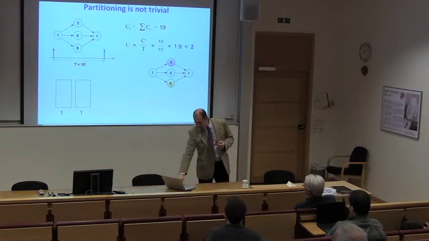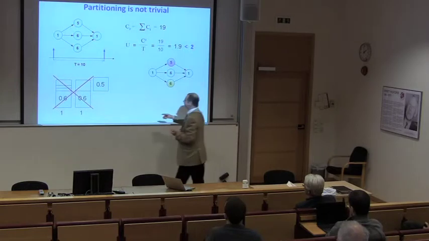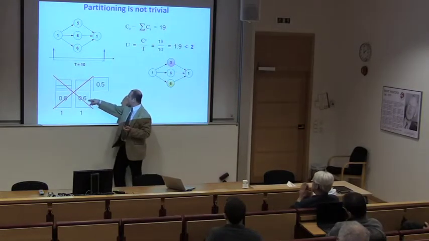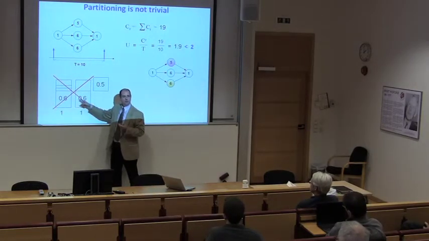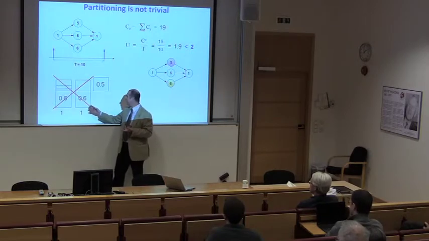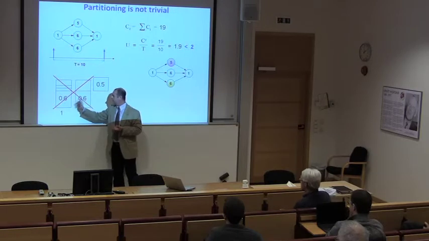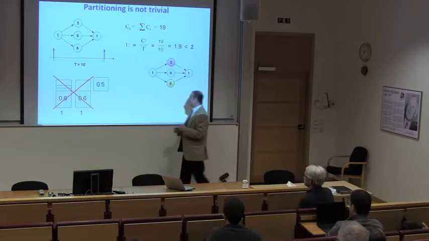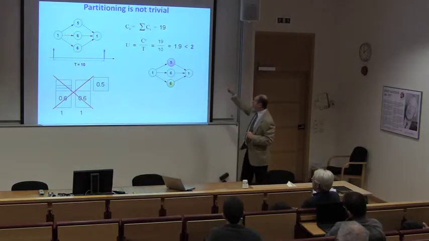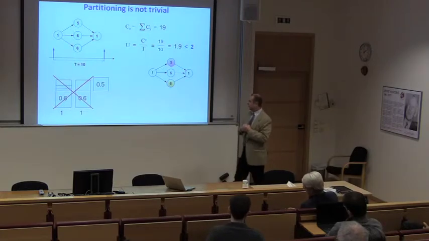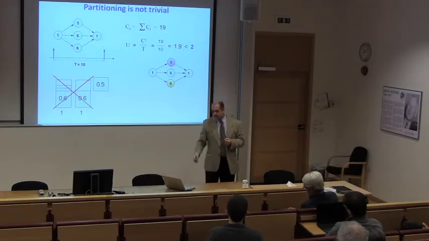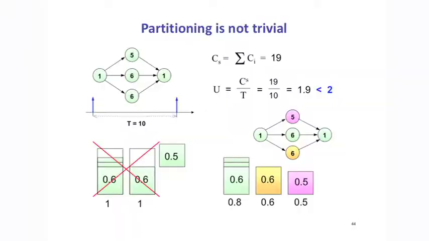In fact, once you allocate these 2 tasks, you use 60% of the bandwidth. You cannot allocate the 3rd task on either one of these processors. So even if the required bandwidth is less than 2, you need 3 processors in order to execute this application.